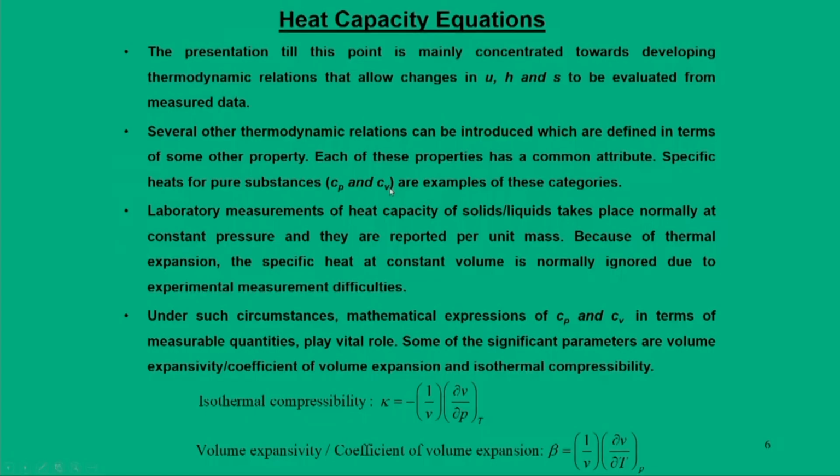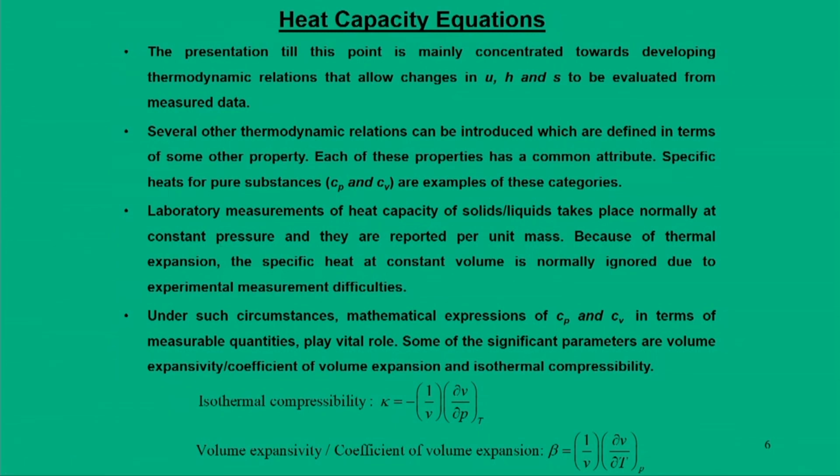One is specific heat at constant pressure and the other is specific heat at constant volume, because gases follow the ideal gas equation of state, where the change of state can happen at either constant pressure or constant volume. But in most laboratory experiments, when you define the specific heat capacity, it is normally done at constant pressure.